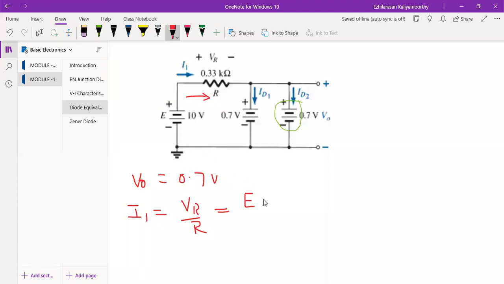So here E minus the diode voltage, E minus VD, divided by R. So I will write E is 10, minus VD, the diode voltage across, which is 0.7, divided by R, which is 0.33 kilo ohm. So now we'll get the answer as 28.18.